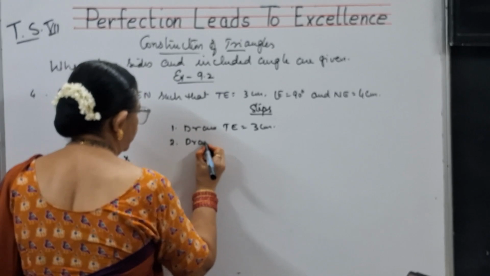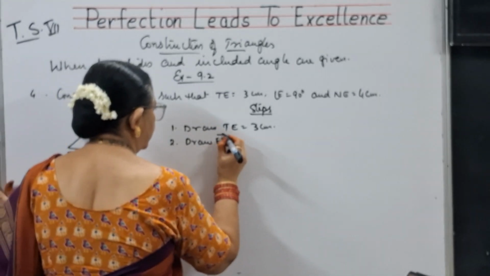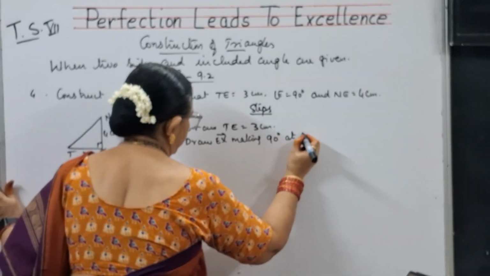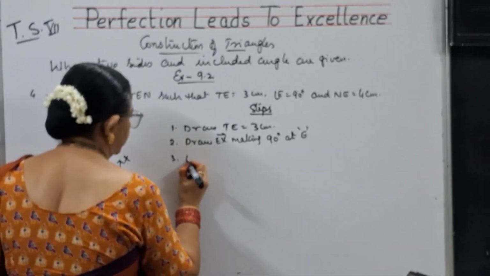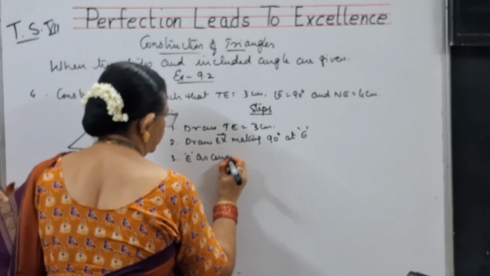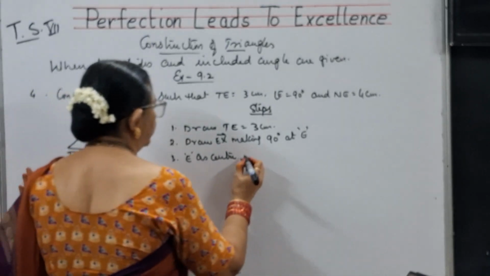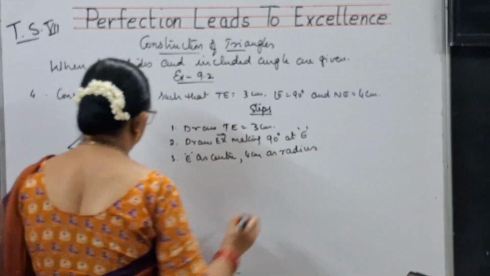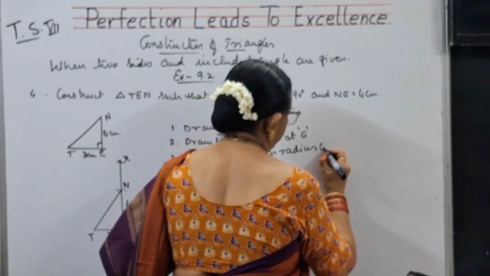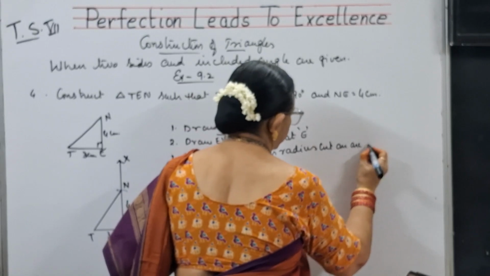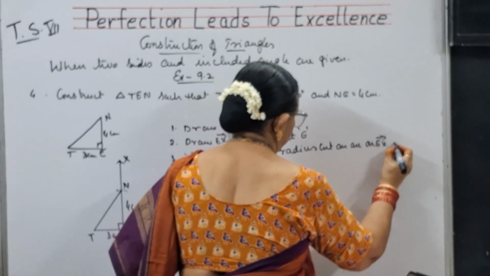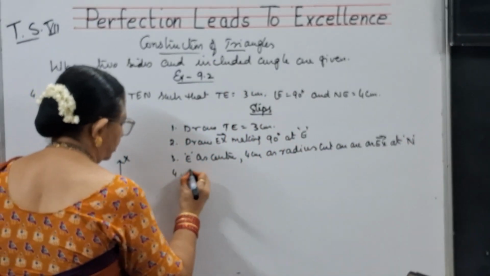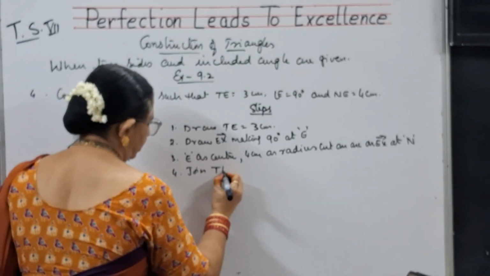Second one, draw E X-ray making 90 degrees at E. Third point, E as center, 4 centimeters as radius, cut an arc on E X-ray at N. Now, fourth point, join TN.